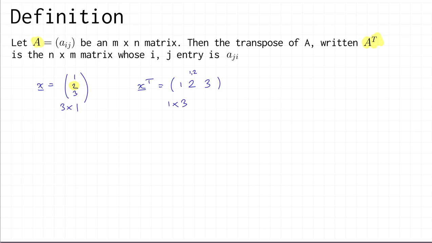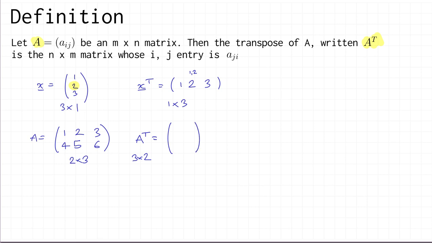Okay, let's try a slightly different example. Let's have A to be the matrix 1, 2, 3, 4, 5, 6. So this is a 2 by 3 matrix, so its transpose, A transpose written like this, would be 3 by 2. It would have 3 rows and 2 columns.